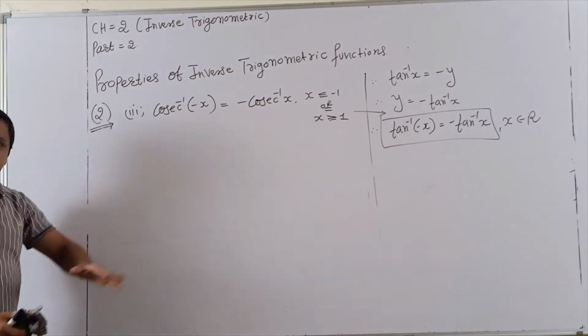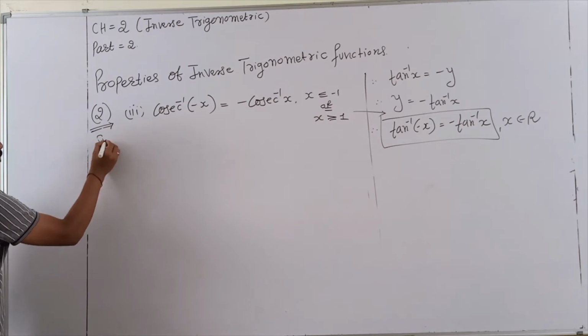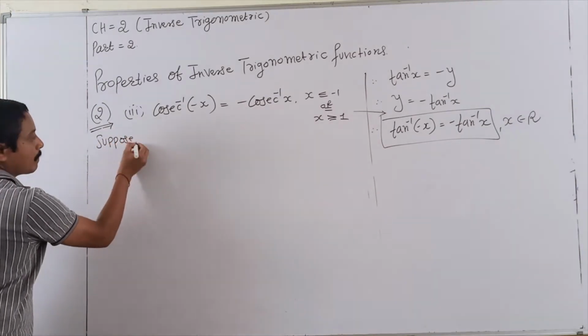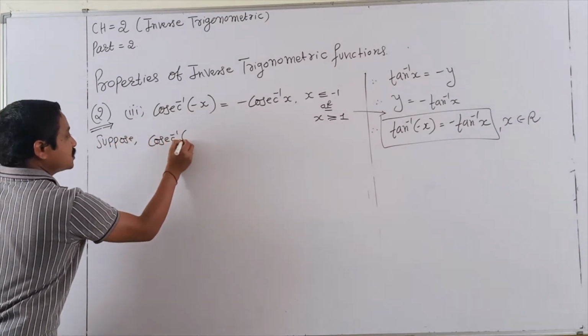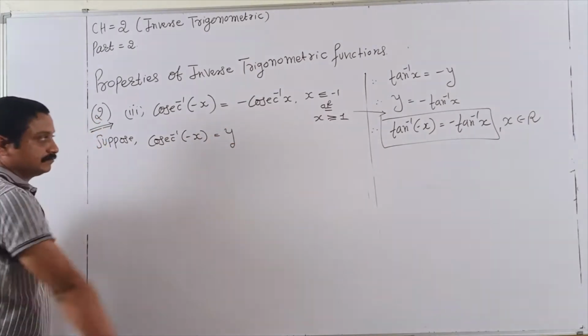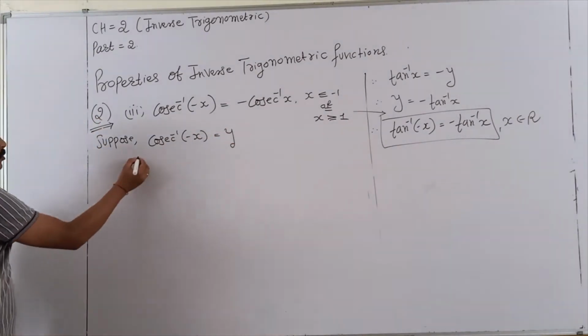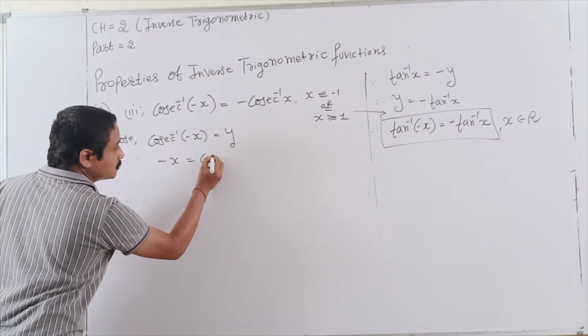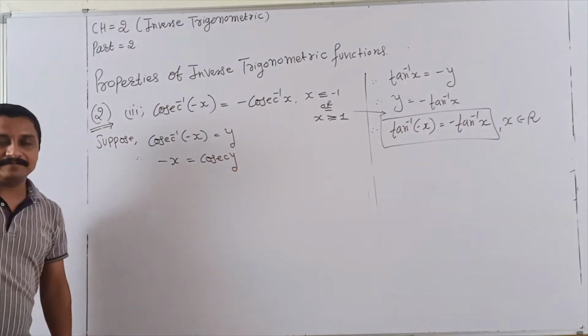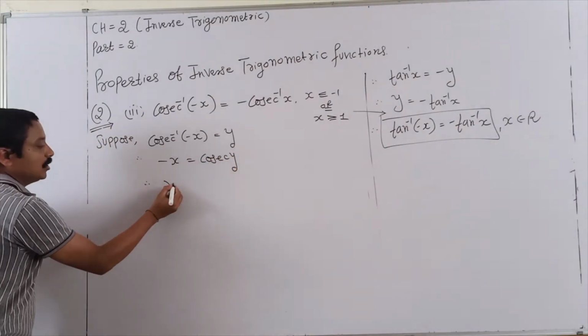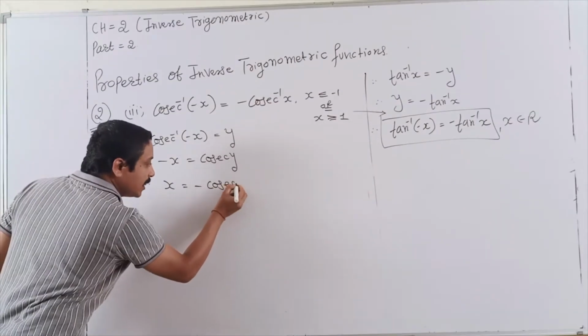Now the same solution, look at that. Suppose cosec inverse of minus x is equal to y. So minus x is cosec y, and x is equal to minus cosec y.